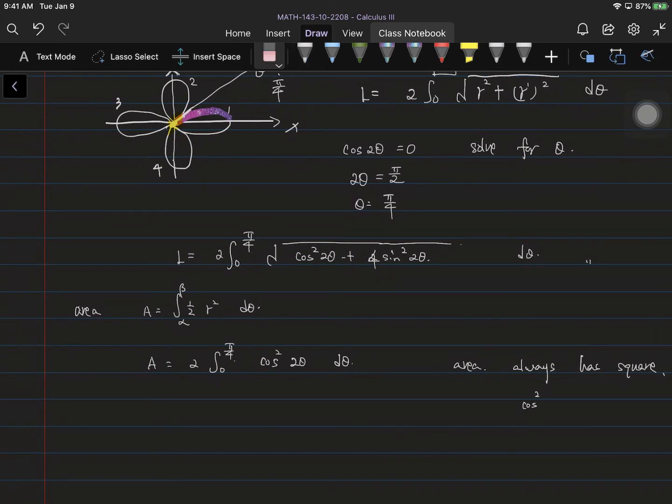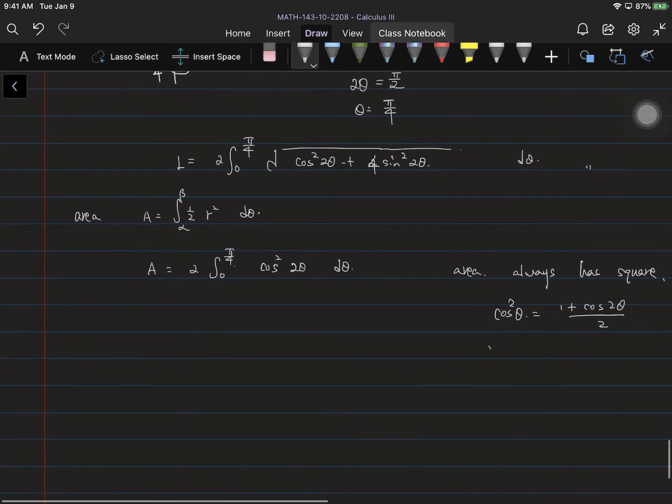I'm going to give you the original formula, which is cosine squared theta equals 1 plus cosine 2 theta over 2. Is that correct? But right now, in our problem, we have 2 theta. So it's called the double angle formula, which doubles the 2 theta angle. So it becomes 4 theta over 2. Double angle of 2 theta, which is 4 theta.